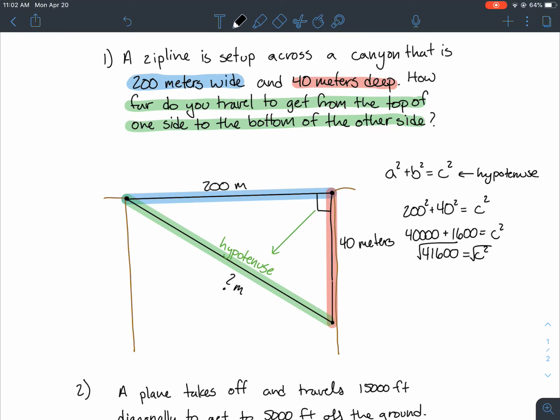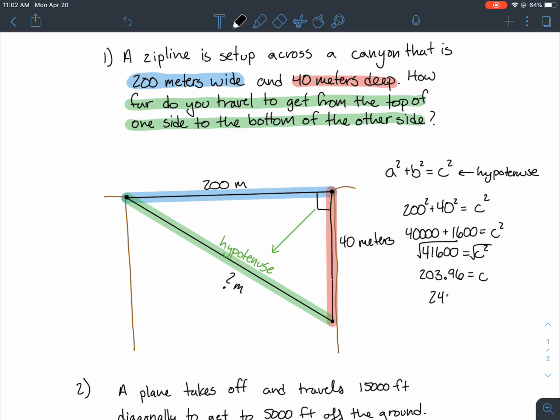And on the calculator, the square root of 41,600 is 203.96, which equals c. And so if I round that, it becomes roughly 204 equals c, so we go 204 meters. That is how far we are going to travel.